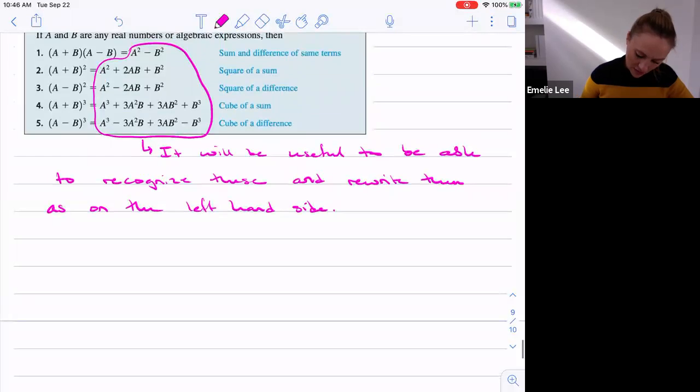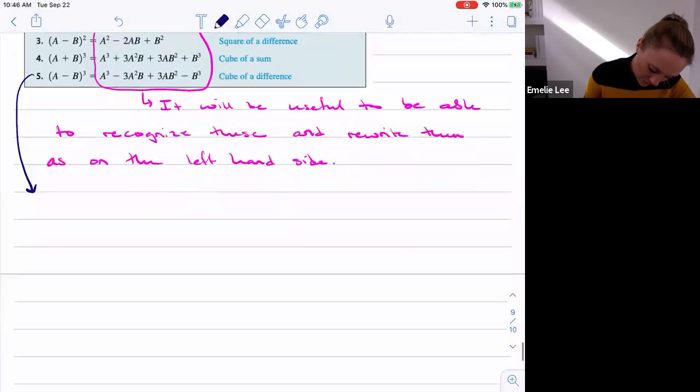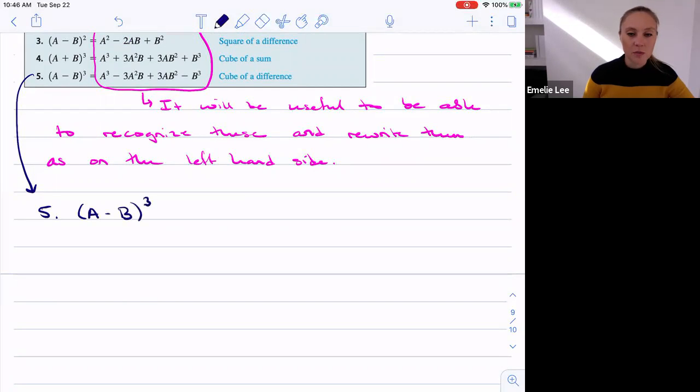Let me show you what I mean though, because like I said, going from the left-hand side to the right-hand side, I don't think it's very useful, because you can just put in the work and get to here. So what I want to do is show you number 5, how we would just expand it.